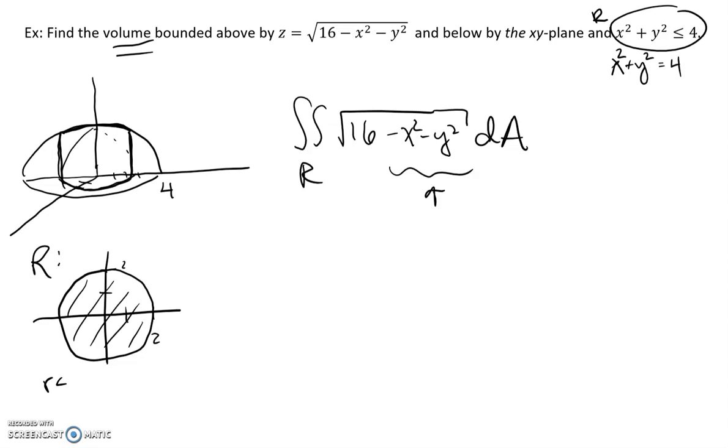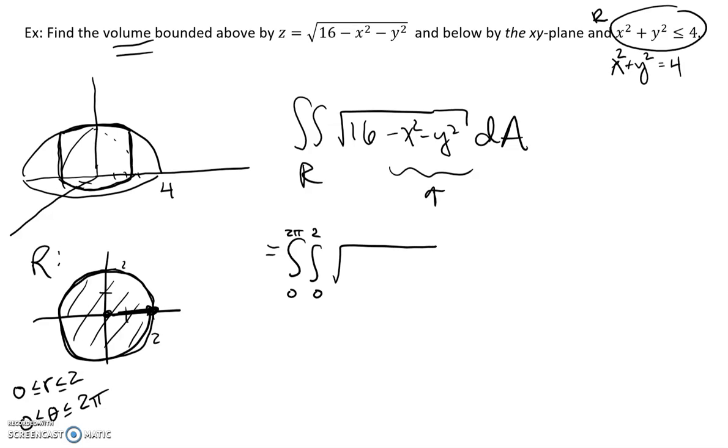So here we can find our bounds in terms of r and theta. Again, they're both very nice, where r is just going to come out from 0 to 2, and then we do need the full circular region of that, so theta is going to go 0 to 2 pi. So we have the integral from 0 to 2 pi, the integral from 0 to 2.